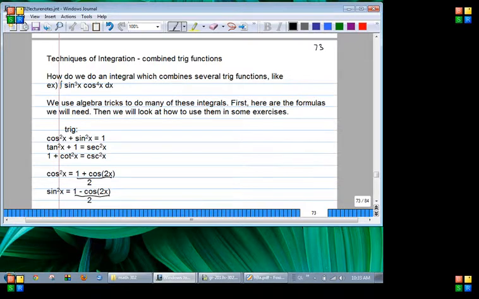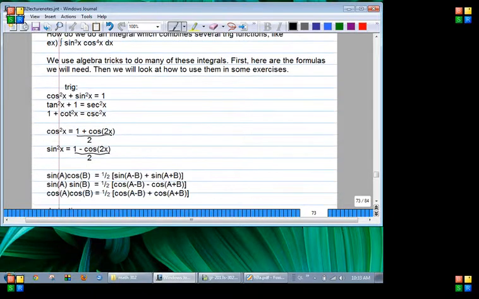I'm going to call these the cos 2x formulas, because sometimes we'll be dealing with cos squared, sometimes with sine squared. And we'll also briefly need these formulas when you have sines and cosines of different angles. We'll use that briefly. We'll come back to it later.